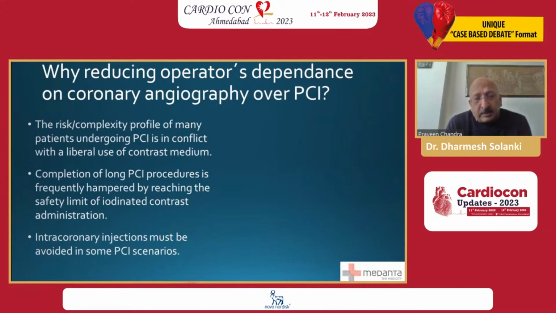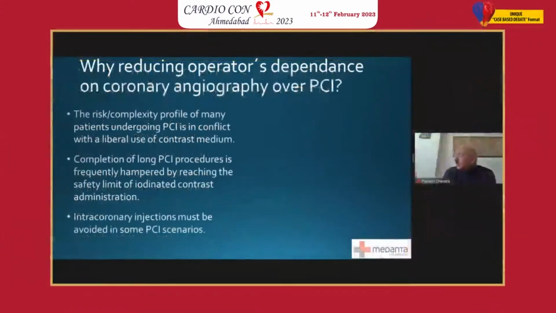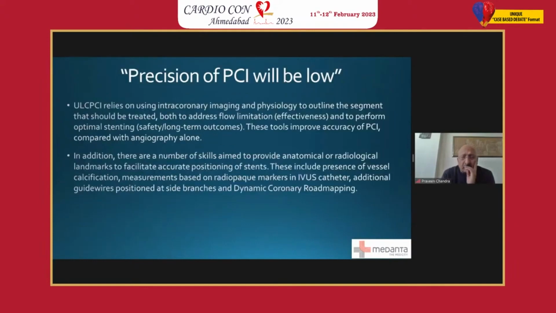And in these situations, we do not do any intracoronary injections to find out at every step. So these long procedures, which need too much contrast, we can basically do without angiographic imaging.